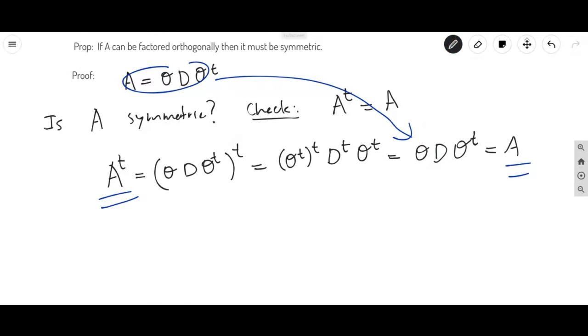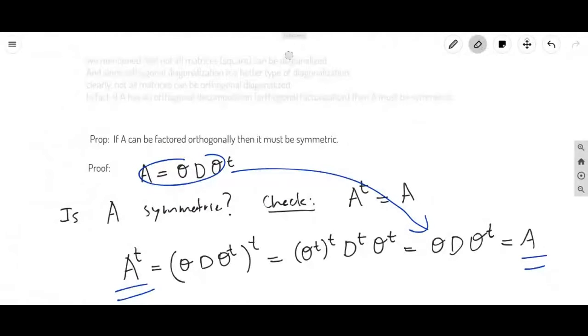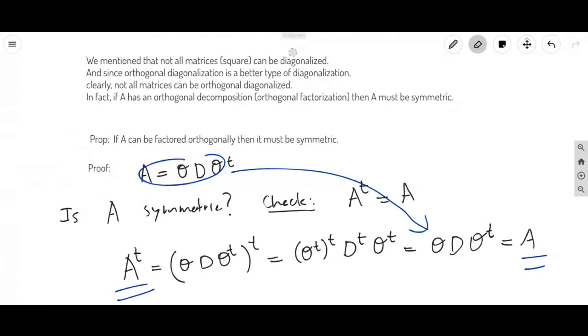What if a matrix is symmetric? What if A is a symmetric matrix? Does this always work? The good news is, when you're talking about ordinary diagonalization, not orthogonal diagonalization, just a general square matrix, it cannot necessarily be diagonalized.